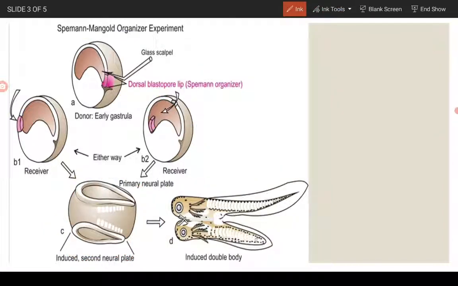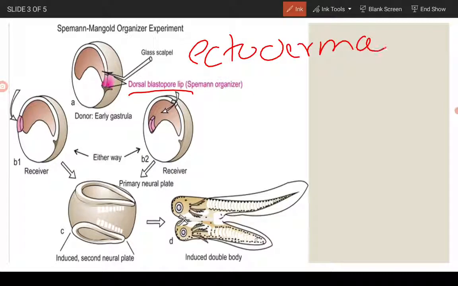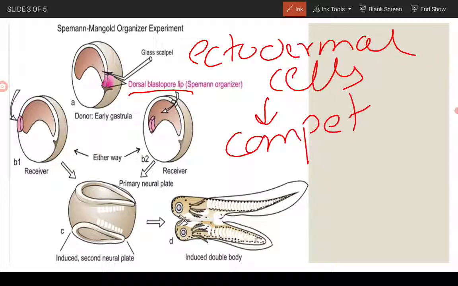Now we understood induction is the process in which the dorsal blastopore lip induces the formation of the neural tube. But those cells which form the neural tube need to be competent. These ectodermal cells need to be competent to form the neural plate, right?